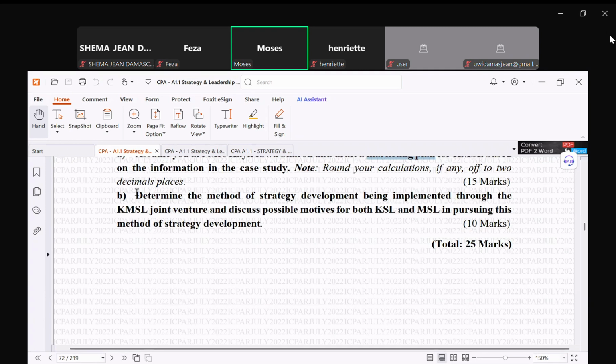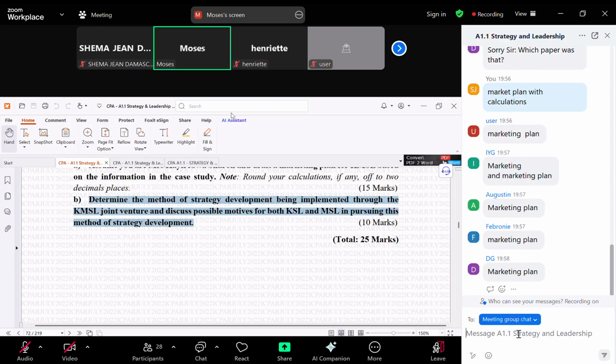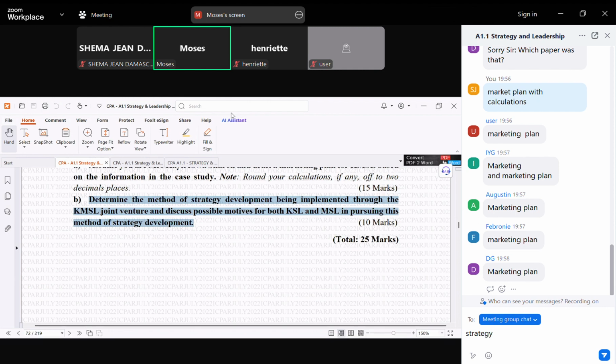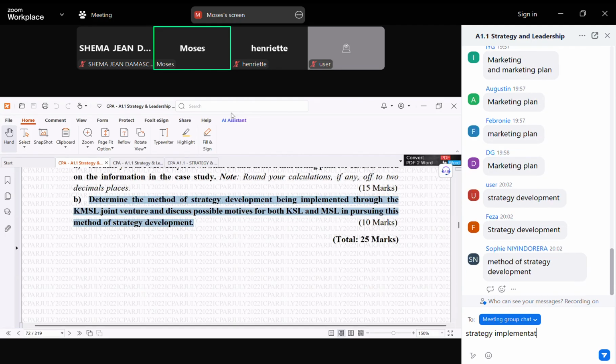What is the key concept in part B? And we're going to do this for like 2 questions or 3 questions. What is the key concept here? Type your answer in the chat, please.